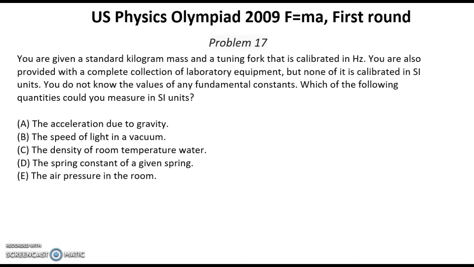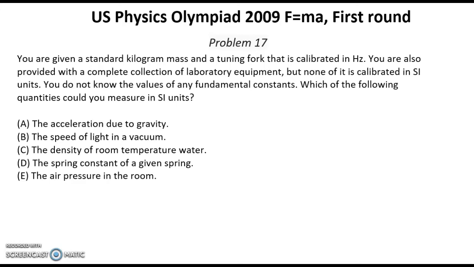Which of the following quantities could you measure in SI units? A. The acceleration due to gravity. B. The speed of light in vacuum. C. The density of room temperature water. D. The spring constant of a given spring. E. The air pressure in the room.